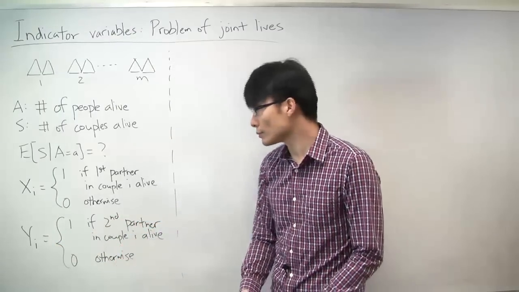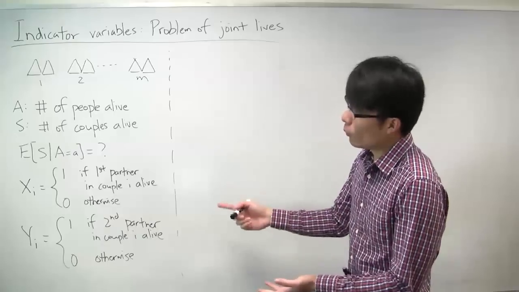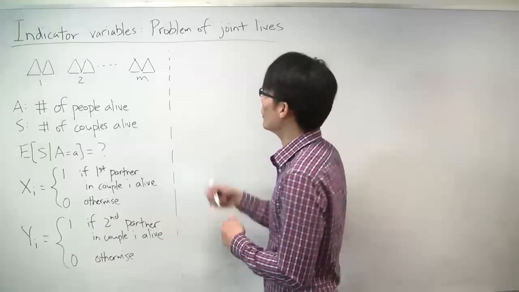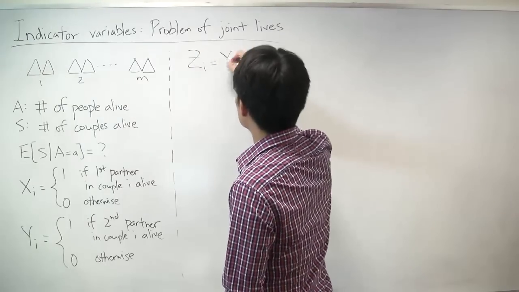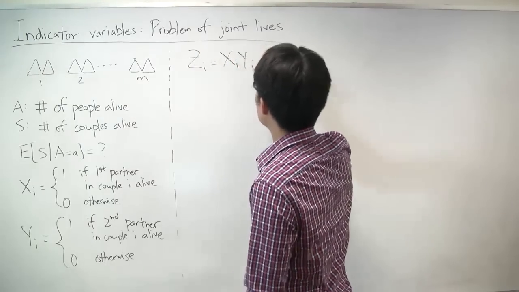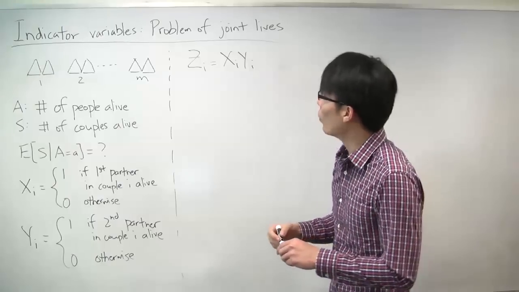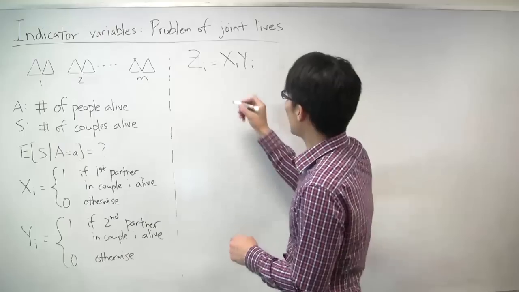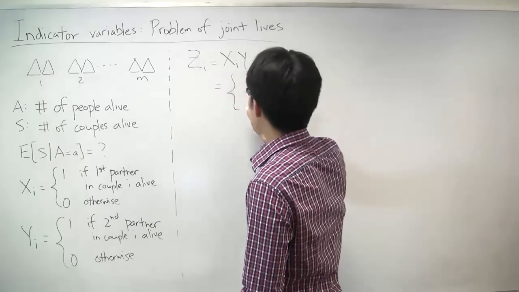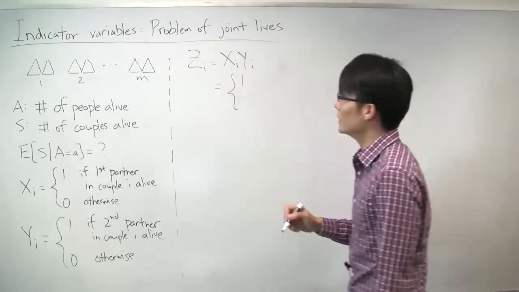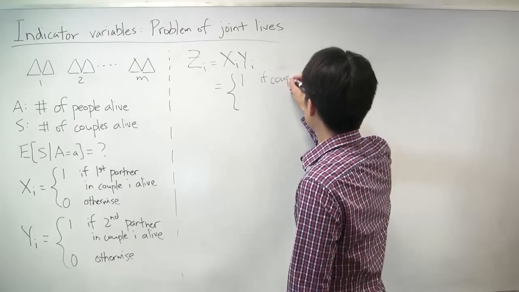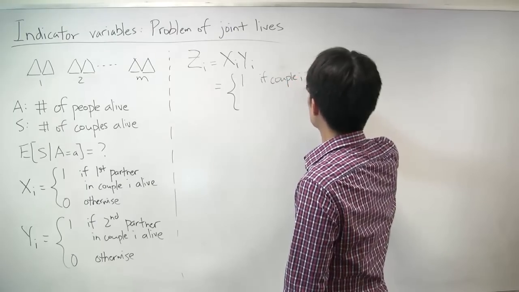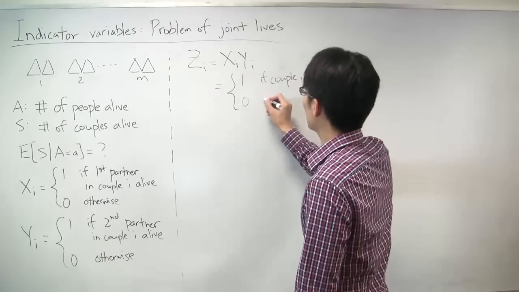All right, so why do we bother doing this? Now we can define another random variable, Z_i, to be the product of X_i times Y_i. This is also an indicator variable. It's 1 if couple i is alive, and 0 otherwise.